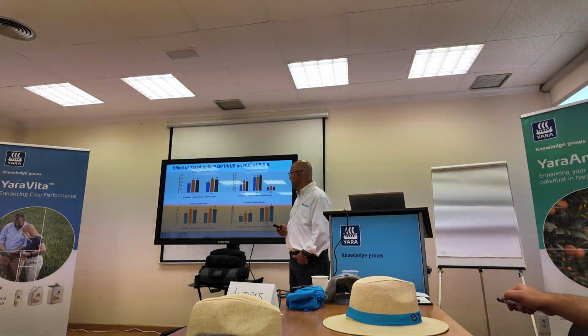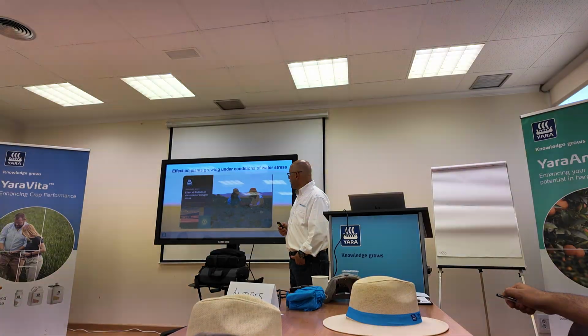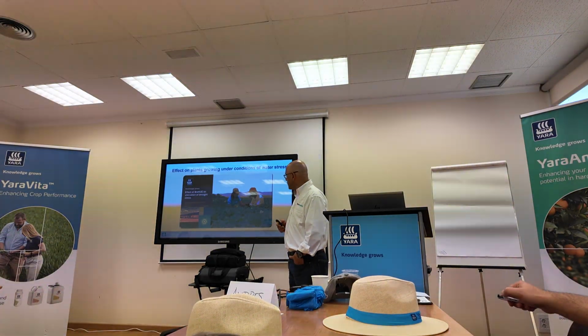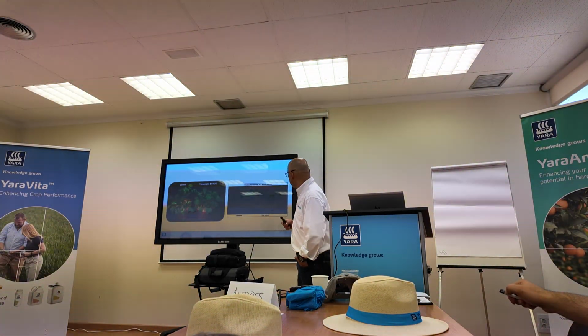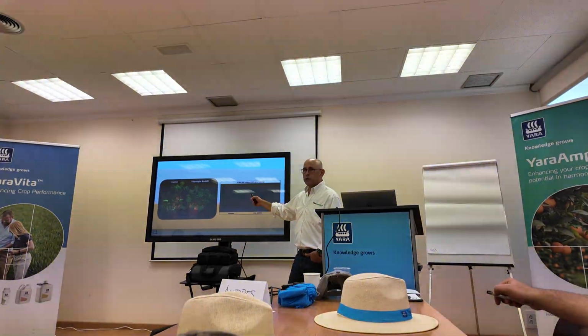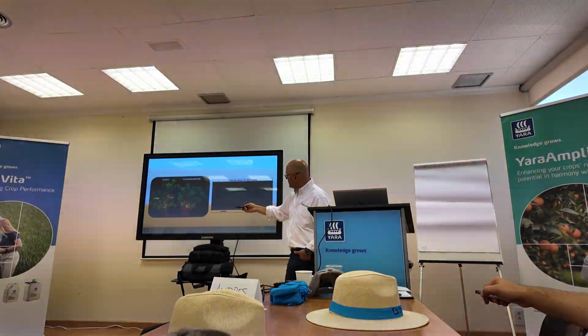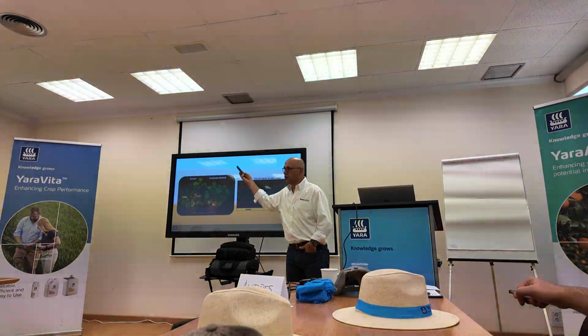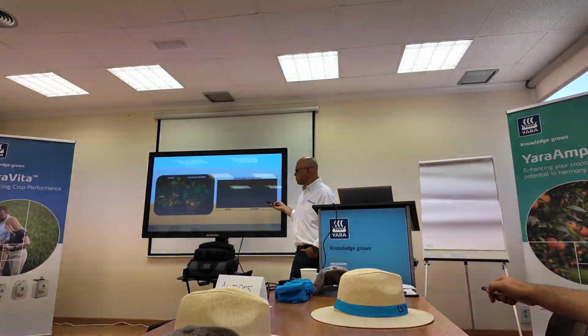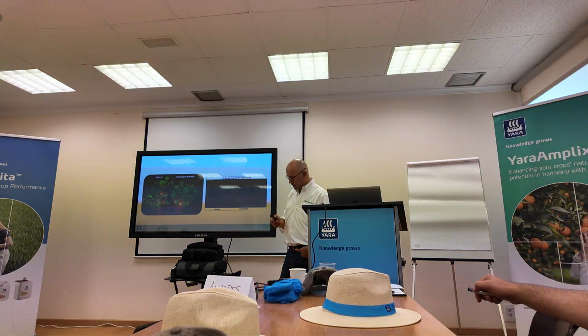And this is proved by this example. In Pocklington we did these trials, and what you see is an effect not only on the growth, as you saw on the lettuce also, but on the root system, so it's very, very important.